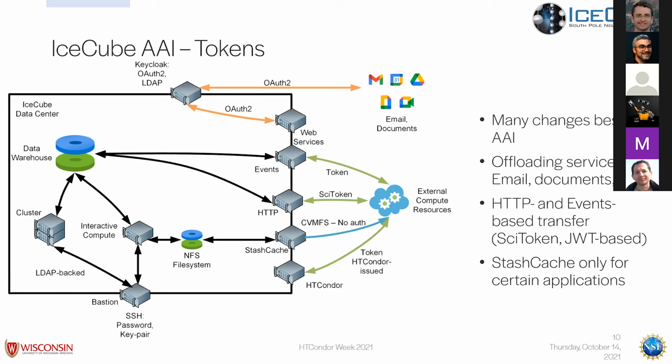Similarly, we have just recently switched to an HTCondor-issued token for our flocking from our local UW-Madison-based cluster to CHC, and then of course OSG. But with our PyGlidein, we want to also move to token-based authentication, and we're in the middle of revamping our PyGlidein software to do exactly that.